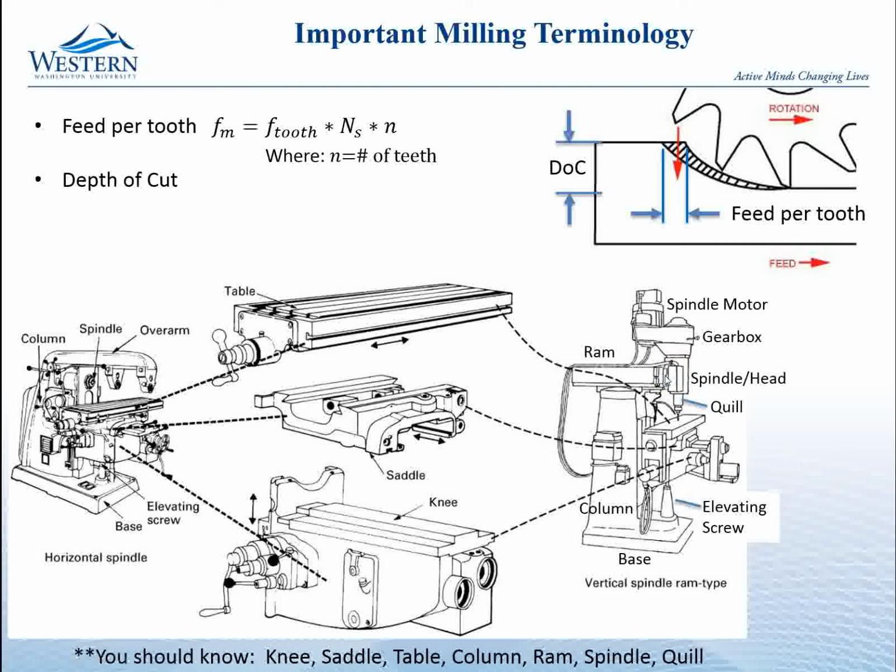It can rotate around the y-axis. It can also rotate around the x-axis, and so they are extremely versatile machines. We don't use it much in lab because once you rotate them, they're pretty hard to line back up. But those are the things you need to know: the knee, the saddle, the table, the column, the ram, the spindle, and the quill.